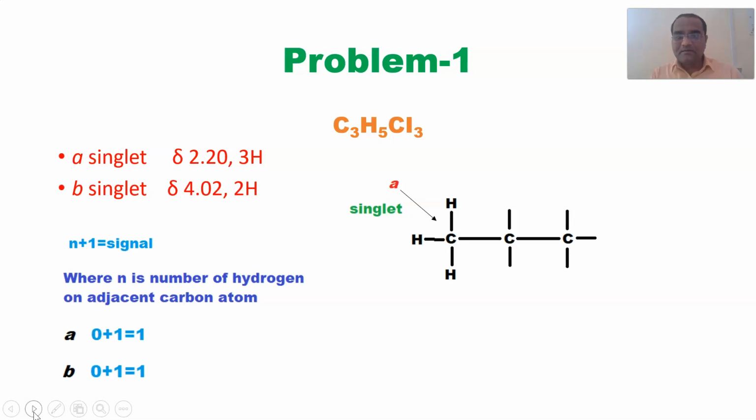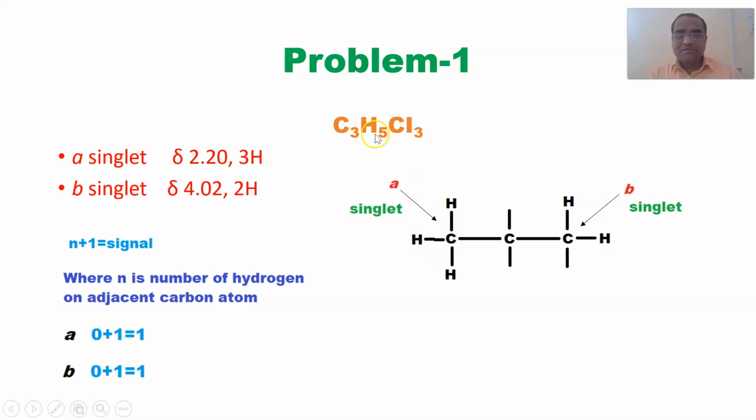It means the carbon giving that singlet has a substitution of 2 hydrogens. So let us place it at the last carbon, the third carbon. So we have placed it.